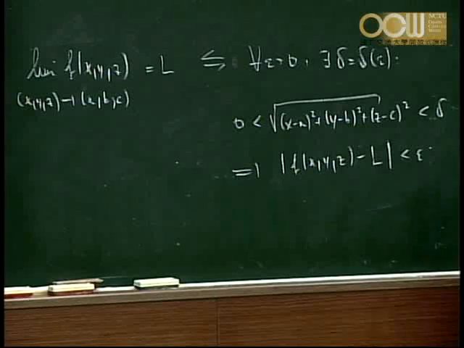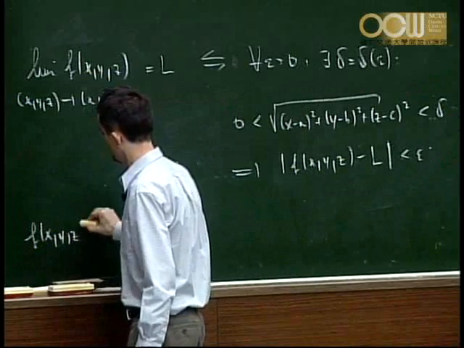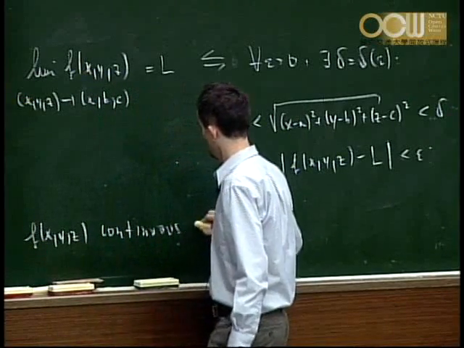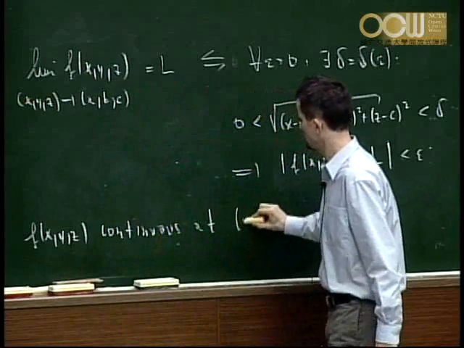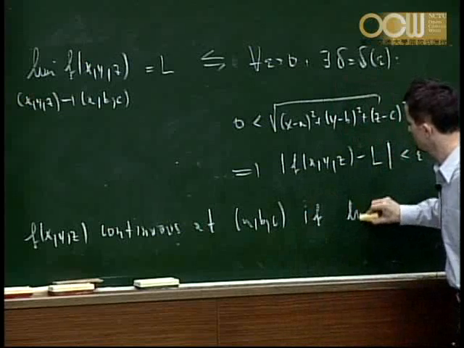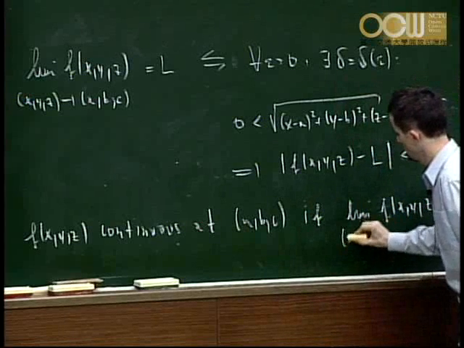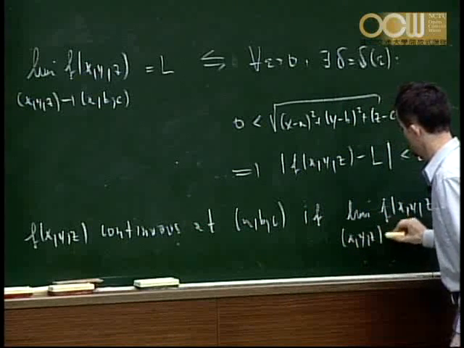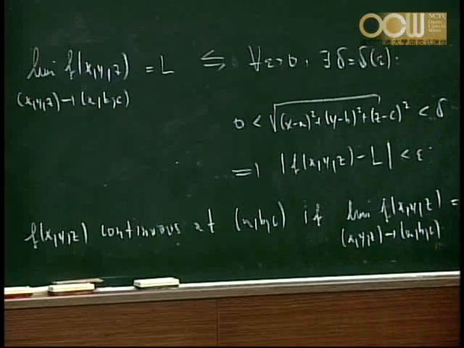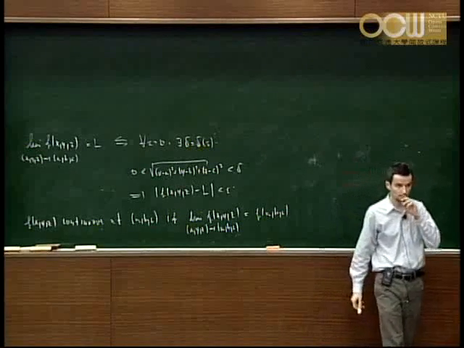And then we also call the function continuous at the point, let's say a, b, c, if the limit can be obtained very easily just by plugging in the point into the function by direct substitution.